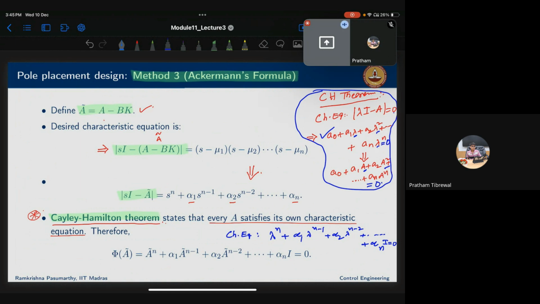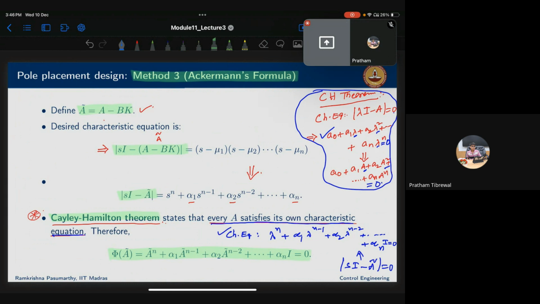Is this clear? So every matrix A satisfies its own characteristic equation. This is the characteristic equation of sI minus A cap equal to 0, and it will be satisfied by the A cap matrix itself. That's what the Cayley-Hamilton theorem says.